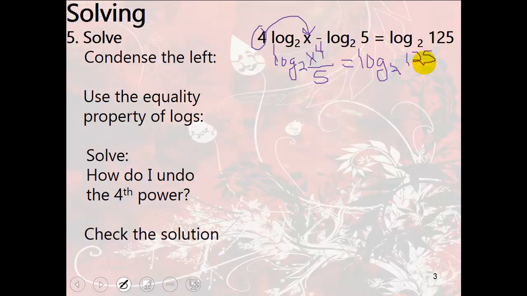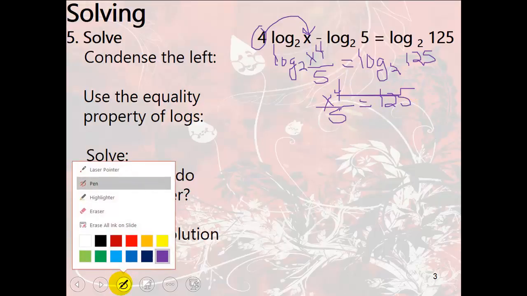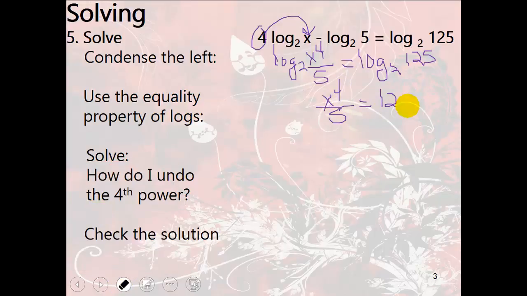Okay. Now I can use the equality property of logs, which says that x to the 4th over 5 has to equal 125. Now I'm going to solve for x to the 4th, and that's going to be 625.